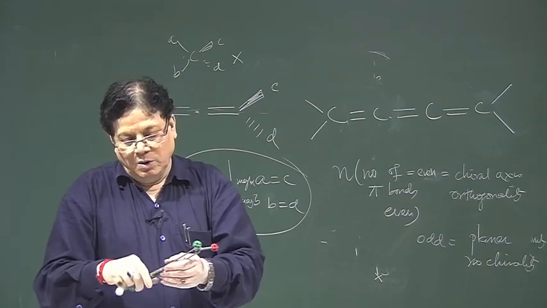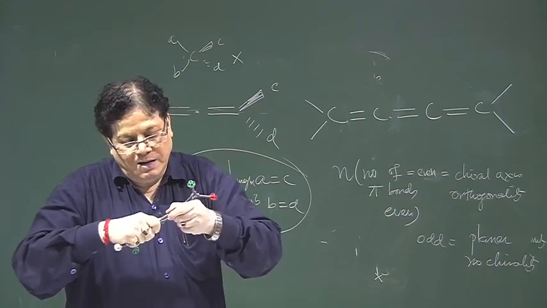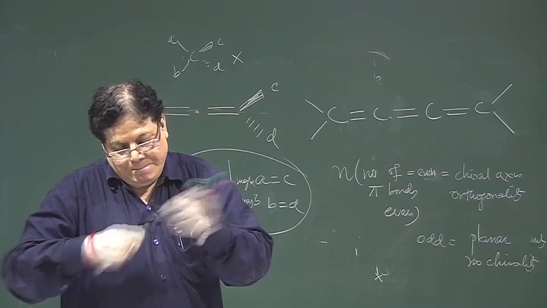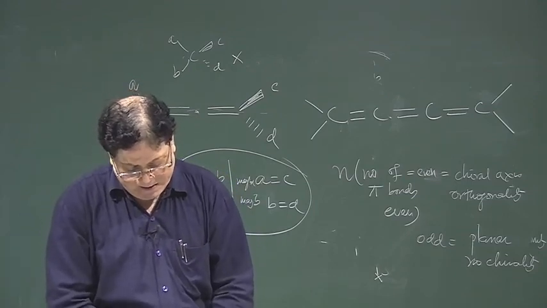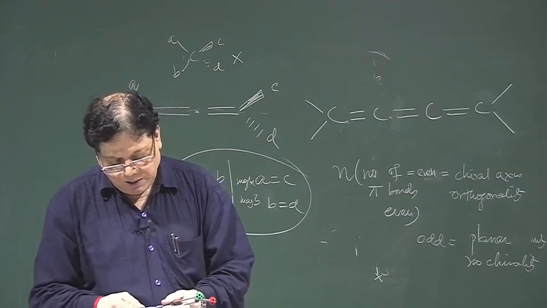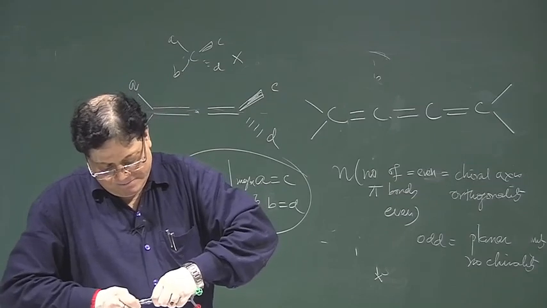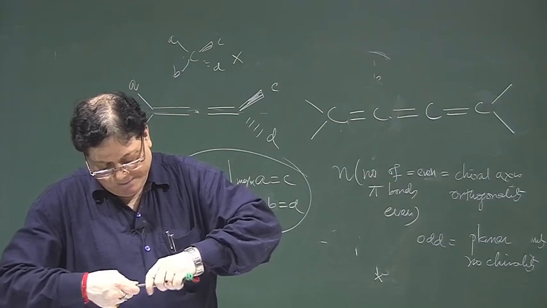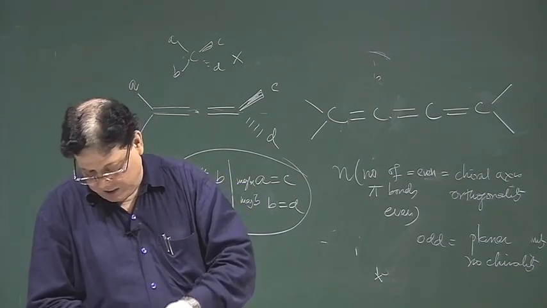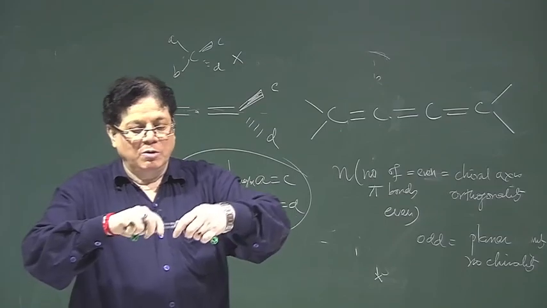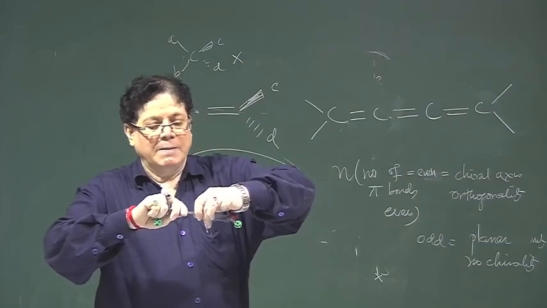Just to end, I again show the allene molecule. An allene molecule will have only one double bond, not this one. I will show it roughly; the allene molecule will be something like this.